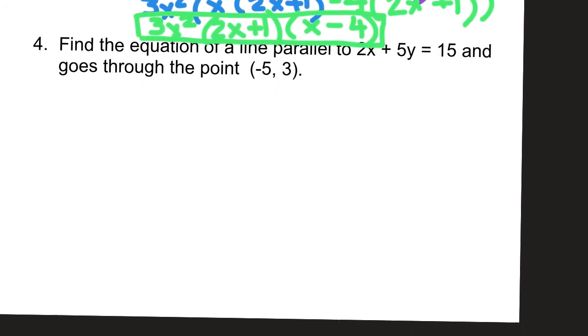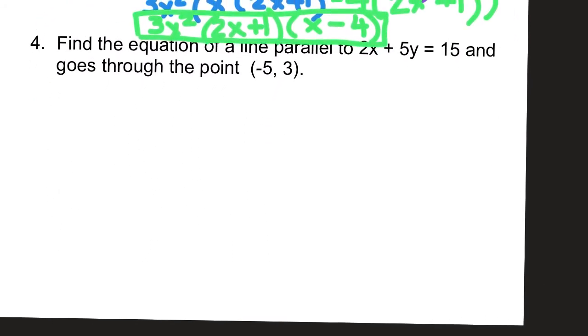Finally, we'll find the equation of a line parallel to that line, going through the point negative 5, 3. Well, if we want to find the equation of the line that's parallel, we need to know the slope. In standard form, the slope is not evident, so we're going to take this equation and put it into slope-intercept form, which is y equals mx plus b.